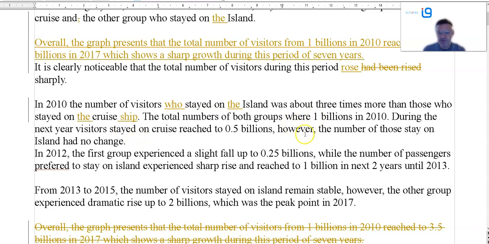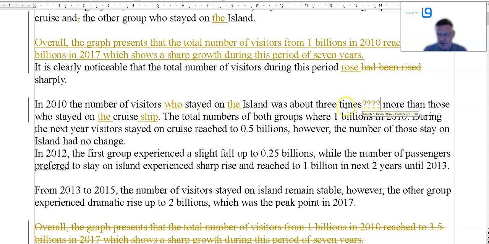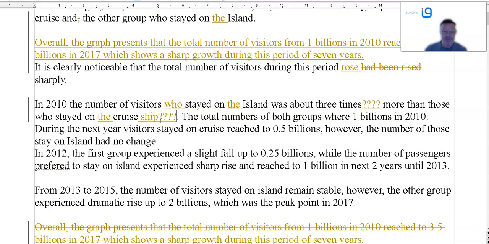The total numbers of both groups were 1 billions? A billion? Is it a billion? It's millions, not billions. So first then, what's the amount? All right. Where's the figures? The total number of both groups were a billion.